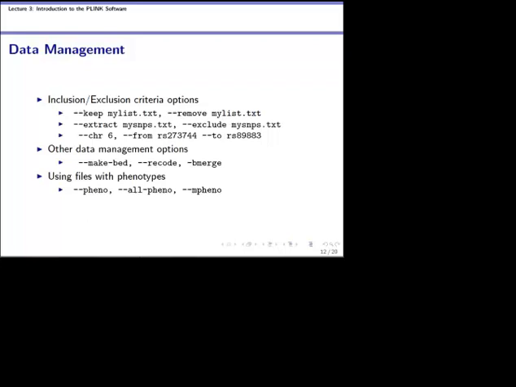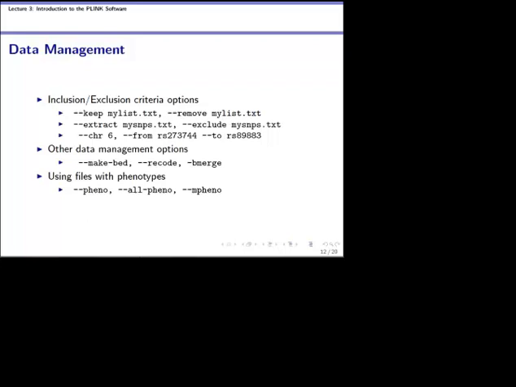So my list.txt is going to be a file with the family ID and the individual ID. For example, MO1 is the family number, and I want to remove person 1 and person 2.